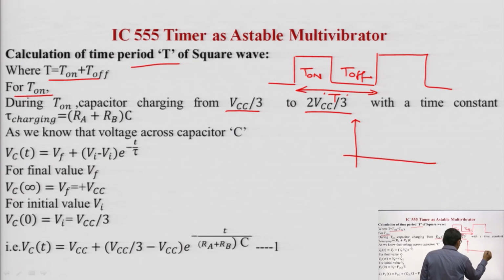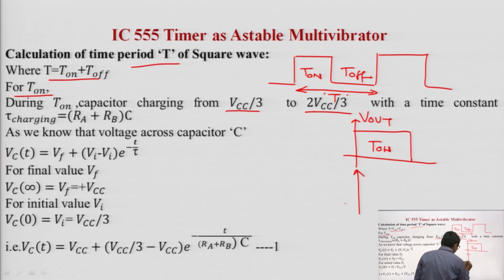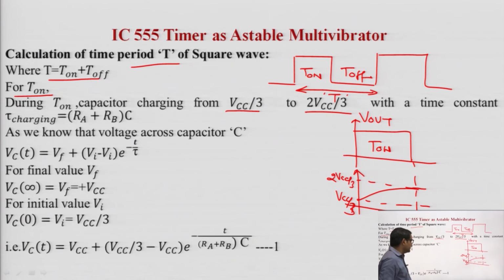This is the on time, t on, here consider the V out, and the capacitor will charge from Vcc by 3 to 2 Vcc by 3.